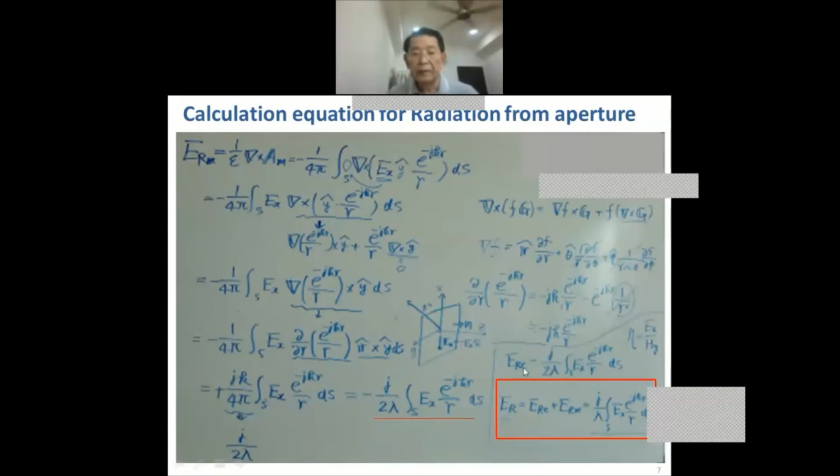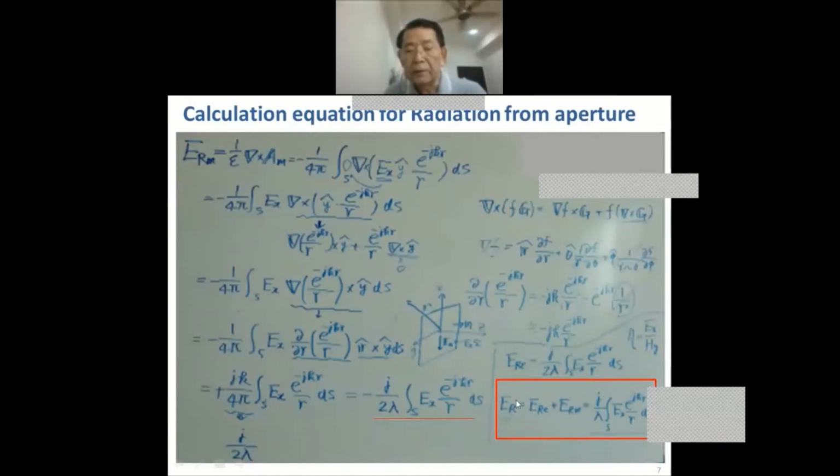So as a result, the radiated field is produced by the magnetic current source. This is the electric field. This is the electric current source. This is the magnetic field. Both exist simultaneously.